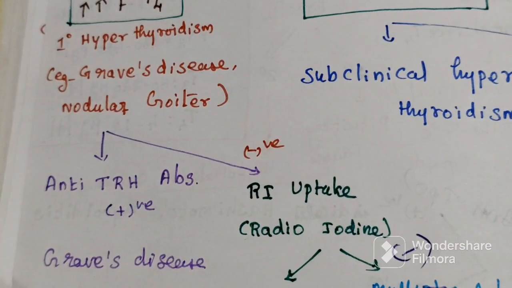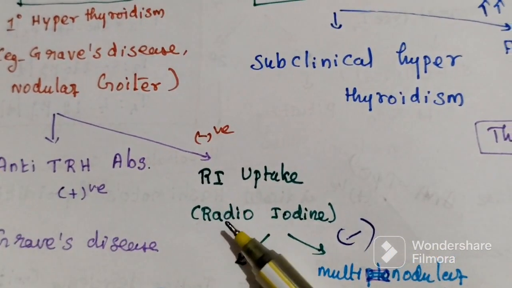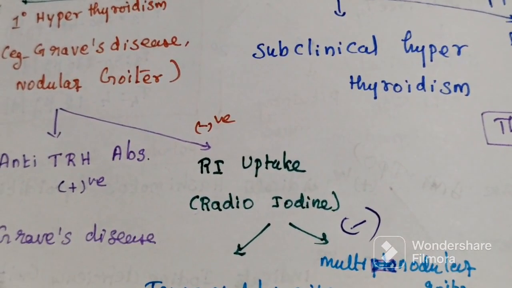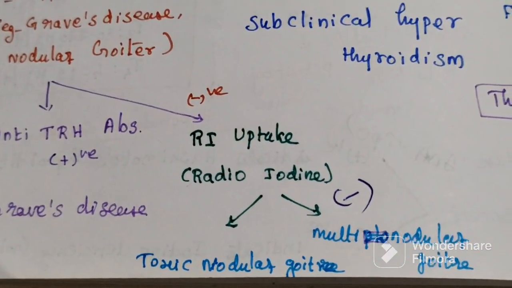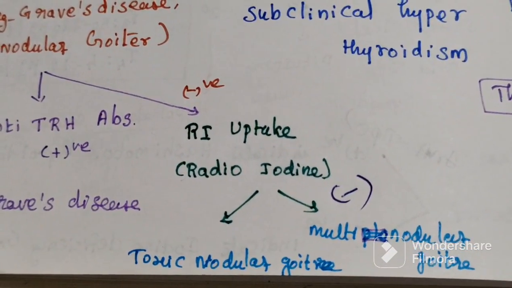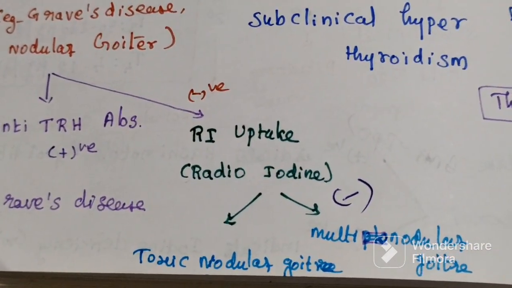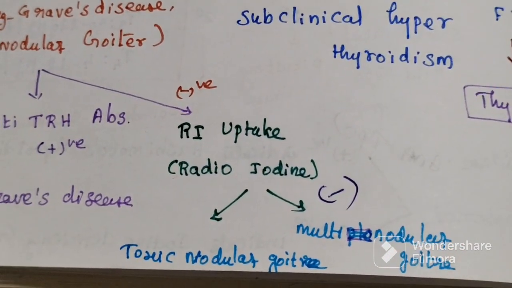Then go for the scan, that is radioiodine uptake studies and scan. If you get toxic nodular goiter, a single nodule indicates toxic nodular goiter.